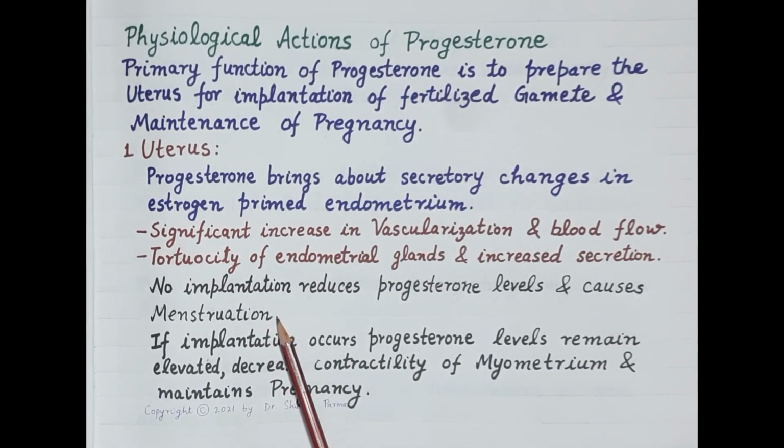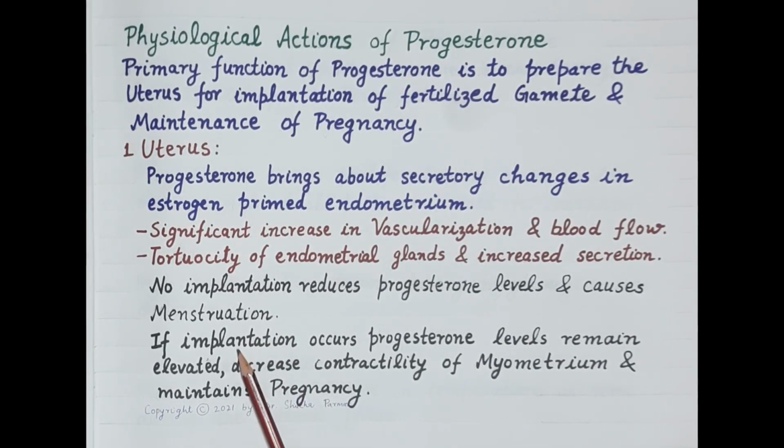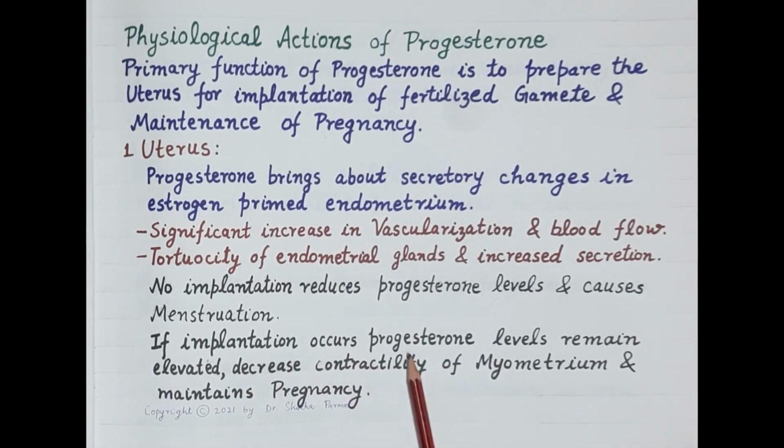That is breakdown of proliferated endometrial tissue and breakdown of spiral arteries, and thus endometrial tissue and blood is passed from the uterus as menstrual flow. However, if the egg is fertilized and if the implantation occurs, then progesterone levels remain elevated, which decreases contractility of myometrium and further maintains the pregnancy.